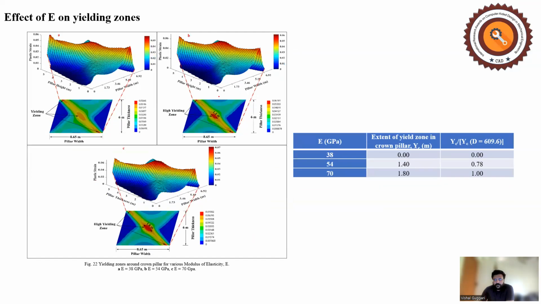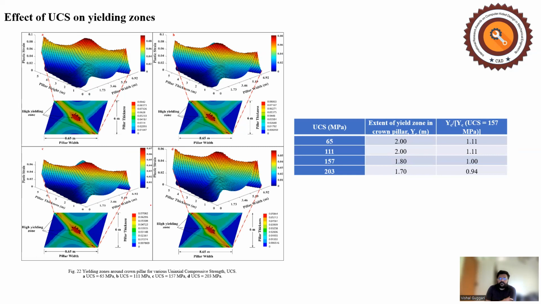When it comes to modulus of elasticity, the extent and the magnitude of the yielding zone is increasing as you increase the elastic modulus.